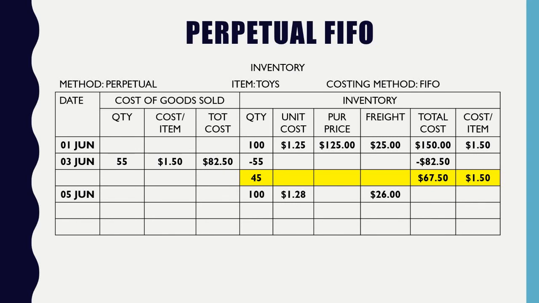I'm going to plug it in here that I purchased 100 more toys at $1.28. It gives me $128 plus my freight of $26, which gives me $154. Because it's my second batch of inventory, I'm going to identify what my cost per item is for this batch, and it gives me $1.54.